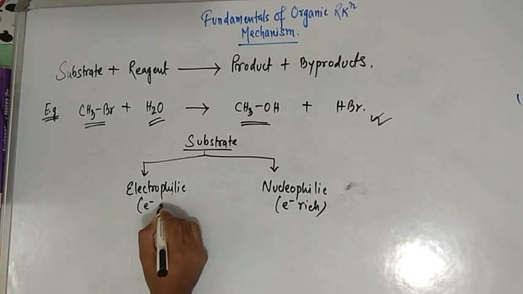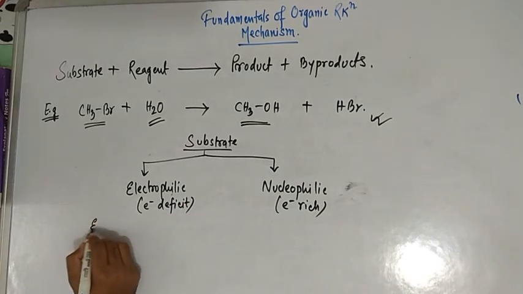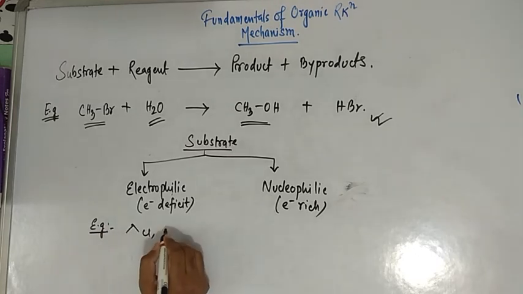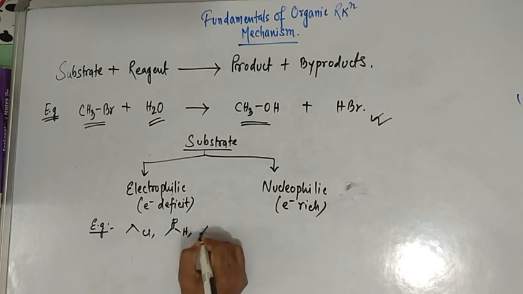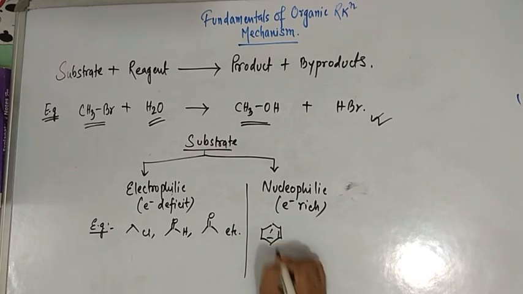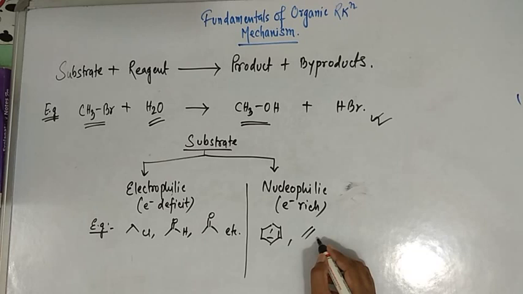Examples of electrophilic substrates are any alkyl halides, aldehydes, ketones, etc. On the other hand, nucleophilic substrates are those which are electron rich, that is, they have an electron-rich center. For example, benzene in certain reactions behaves as a nucleophilic substrate. Apart from these, alkenes as well as alkynes behave as nucleophilic substrates.